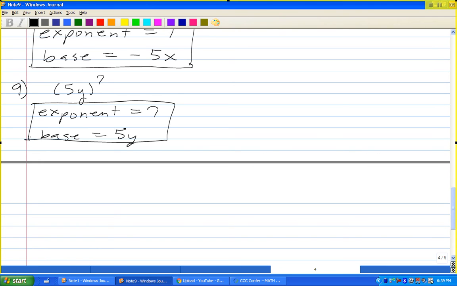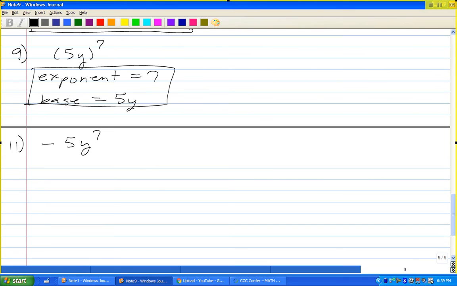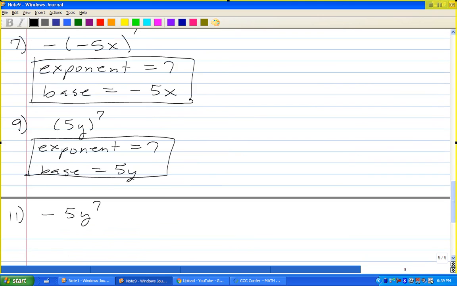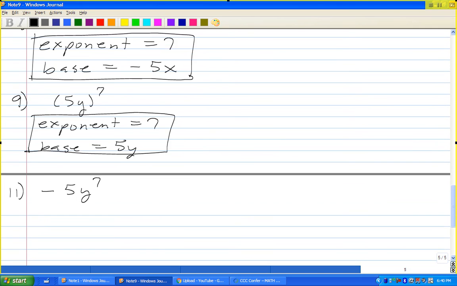Let me do problem number 11. -5y to the 7. So notice the difference between number 7, number 9, and number 11.